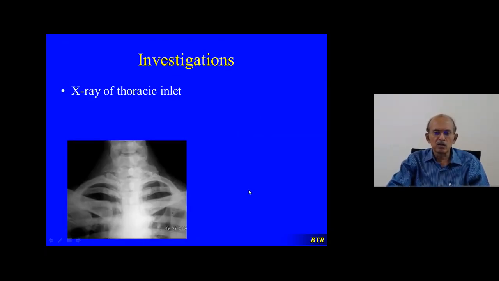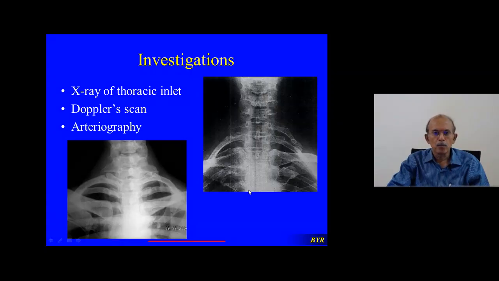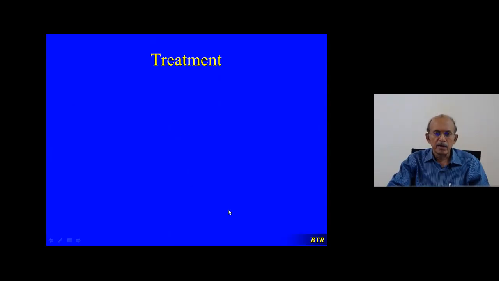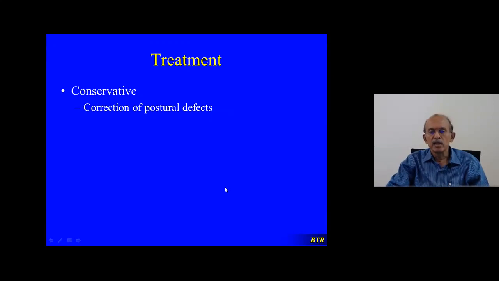Investigations: X-ray of the thoracic inlet, Doppler scan, arteriography. So you can see a cervical rib on a plain X-ray of the chest. Treatment: conservative, correction of postural defects. Usually, these symptoms will come as the patient grows a little older.